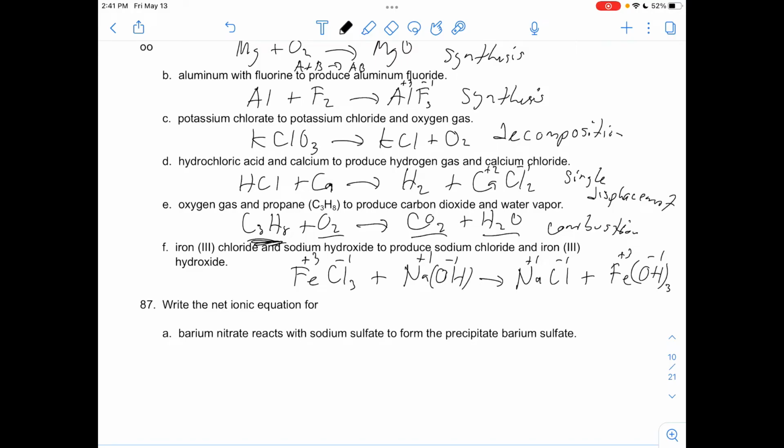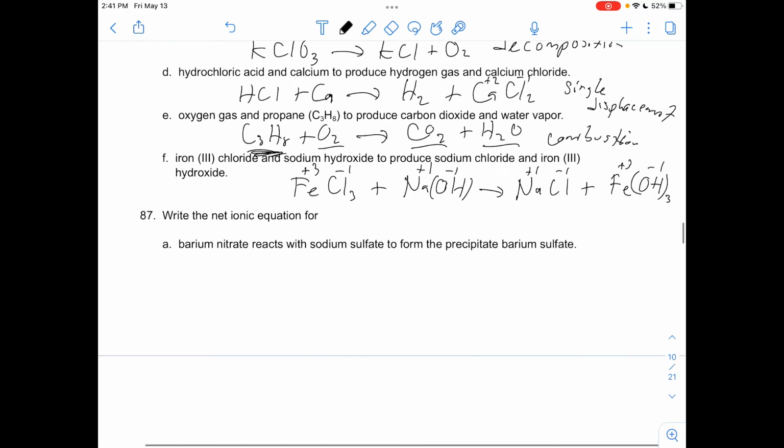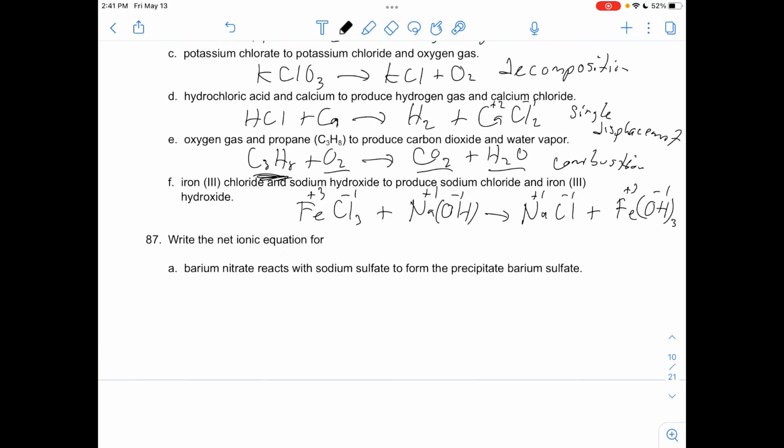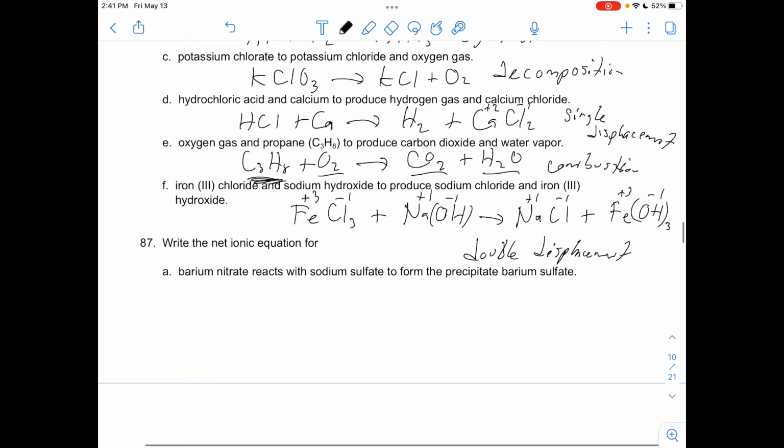Just gonna balance everything to make sure it all balances out. If it's not balanced, you gotta swap and drop. So notice in this case, iron swapped with sodium, a double swappage. You have 2 complete partners that are dancing together, if we were to compare it to dancing. So this wouldn't be single displacement, but rather double displacement.